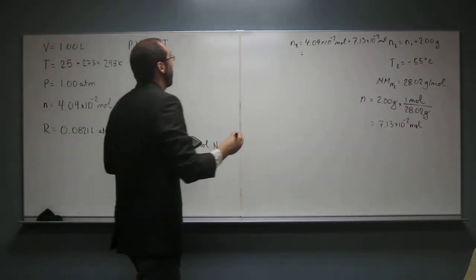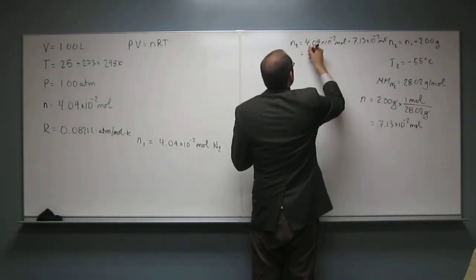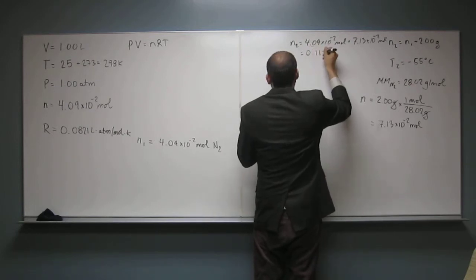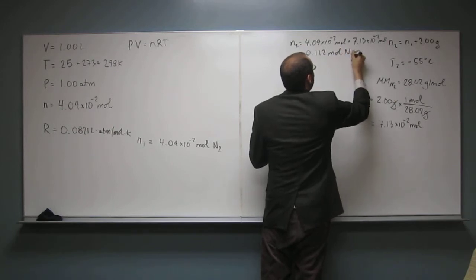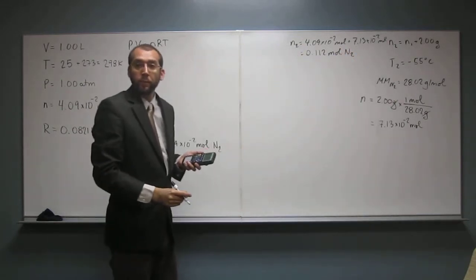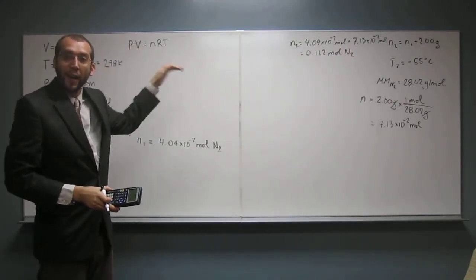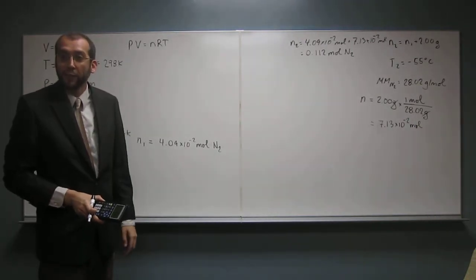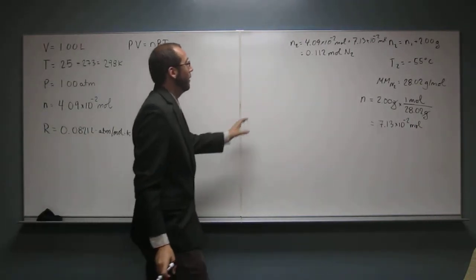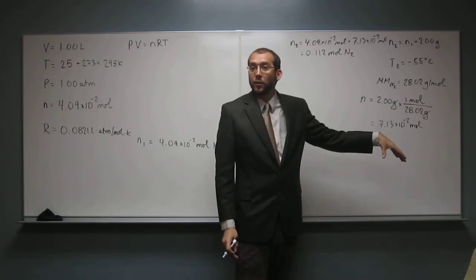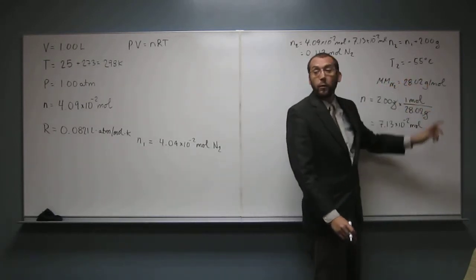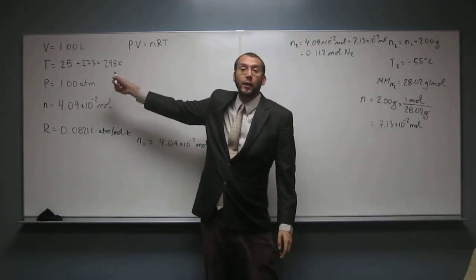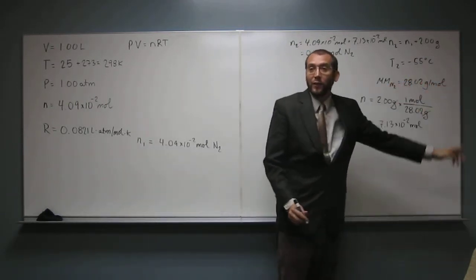So the total number of moles now is 0.112 moles of N2. Does that make sense what we've done? Because we're adding 2 grams to that flask. But not only did we add more gas to it, we cooled it down. So this temperature, remember, is no longer 298 Kelvin, but negative 55.